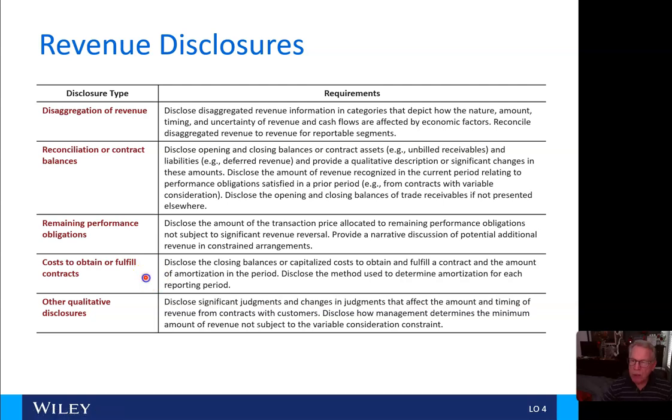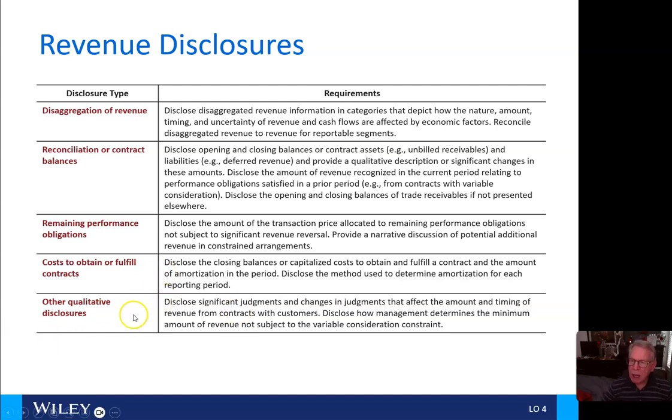In the fourth category, cost to obtain or fulfill contracts, we disclose the closing balances of capitalized costs to obtain and fulfill a contract, and the amount of the amortization in the period. We'll disclose the method used to determine amortization for each reporting period.